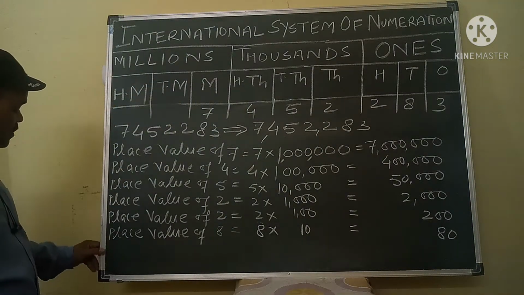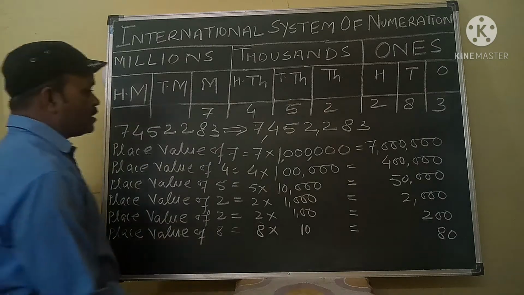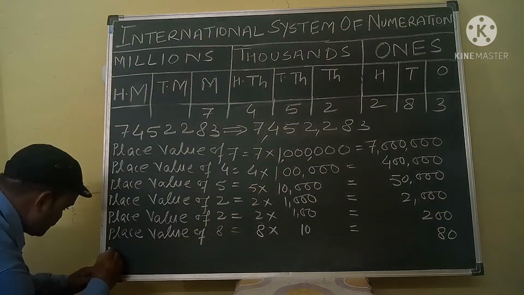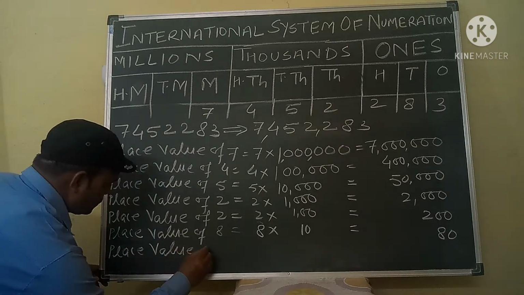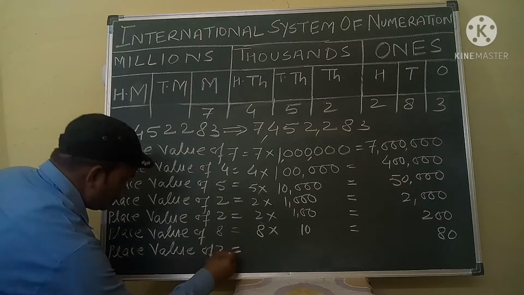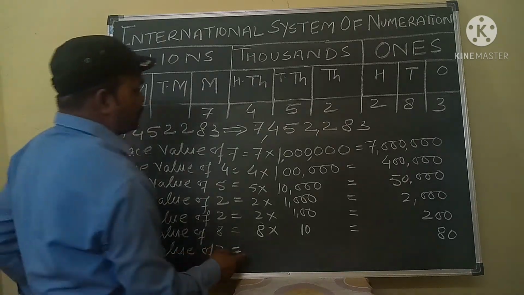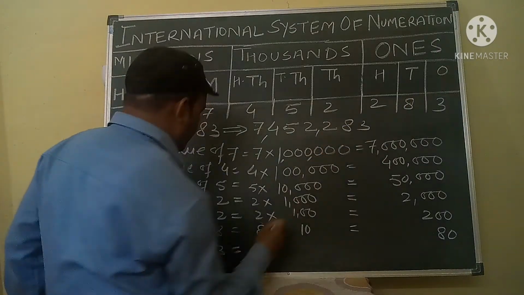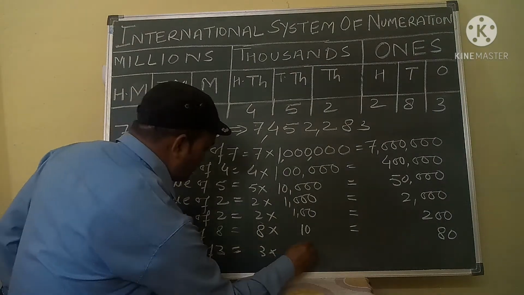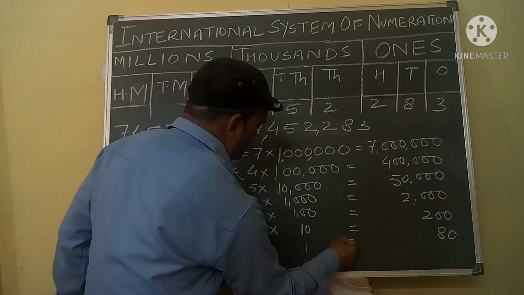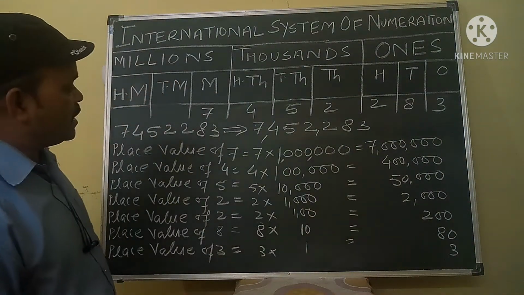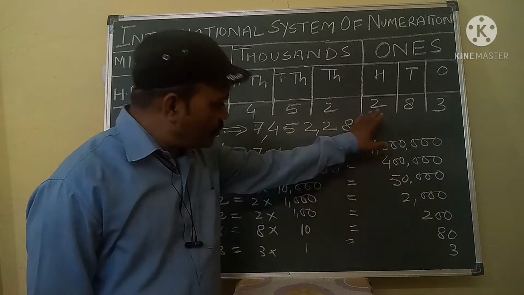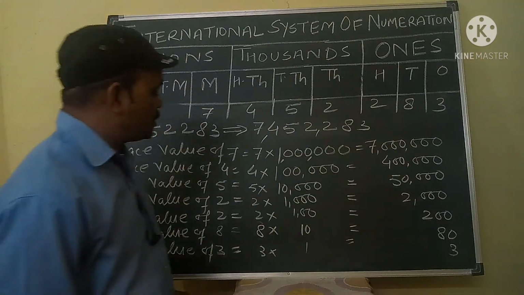Then after we will take out place value of 3. Place value of 3, 3 is in ones place, so 3 multiplied by 1, it will give to you 3. Okay.